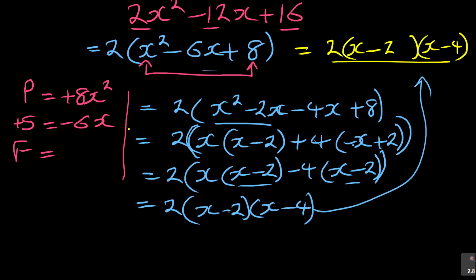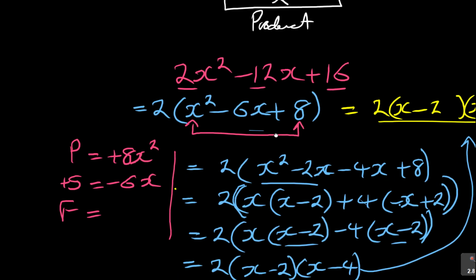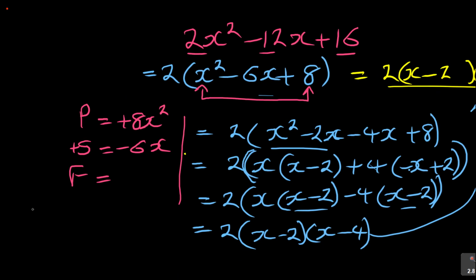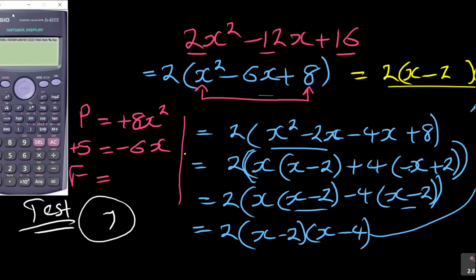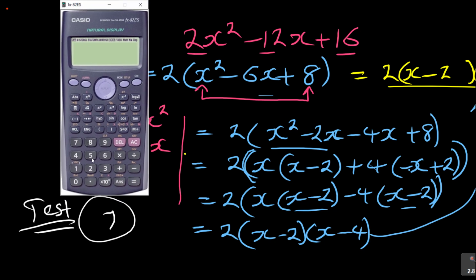There it is. You can test it with the calculator if you want. When we say test here, you choose any value of x. Let's say let x be equal to 7, for example. I think I've told you enough here how you go about testing. If x is 7, you say 2 bracket 7 squared minus 12 bracket 7 plus 16.